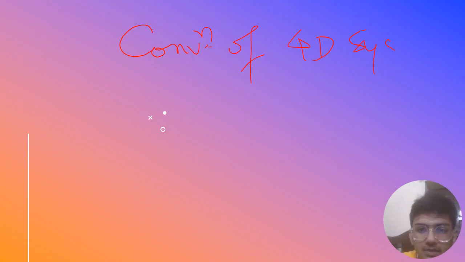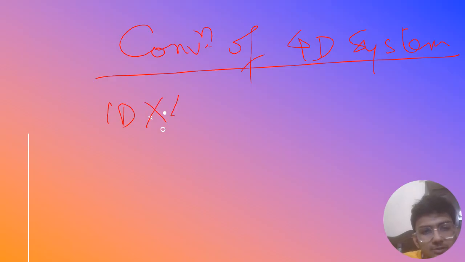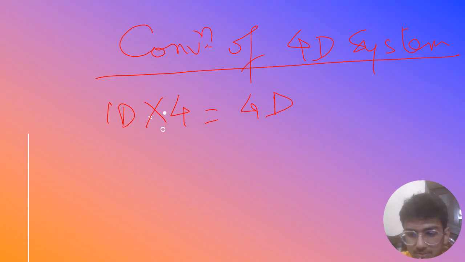Now let's discuss its construction. So, construction of the 4D system. You can use the 1D system 4 times to get this 4D system. How? As we discussed in our second lecture, but I'm making it more clear here, you may take an x coordinate, a y coordinate, a z coordinate, and then a new coordinate comes, that is the time coordinate.